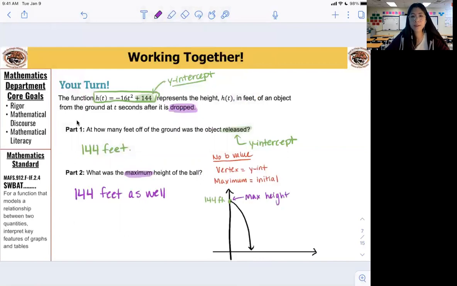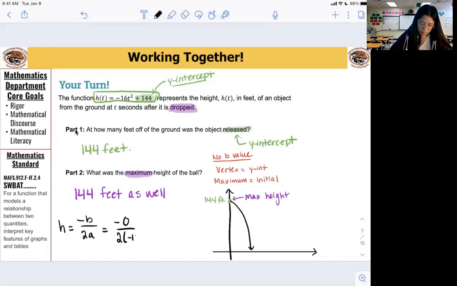Now you could have done this by plugging it into the vertex formula, but if you did that, what would you end up getting? What's the value of b? The value of b is 0, and if you continue with the formula, it will equal 0 at the end, because 0 divided by anything is still 0.